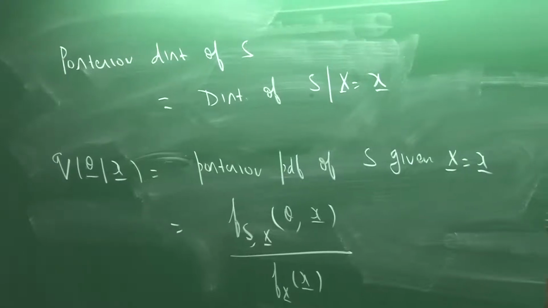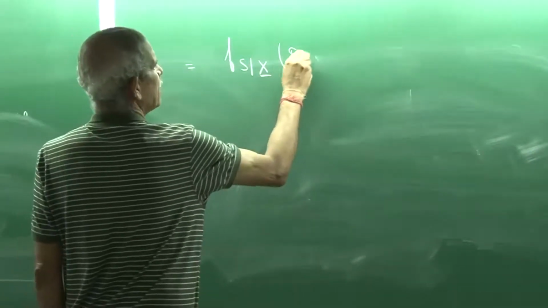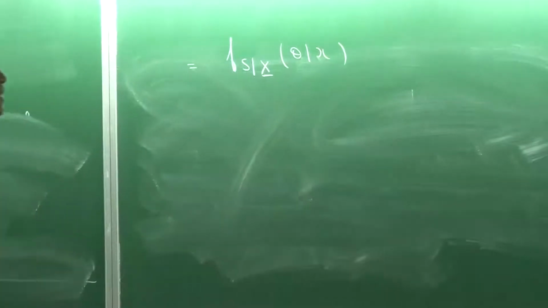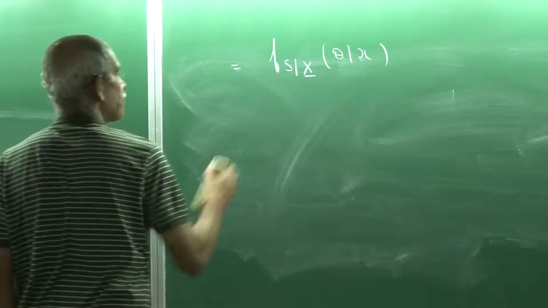Now the joint is the same as the conditional: f of s given x, theta given x. Sorry, I should put it the other way.